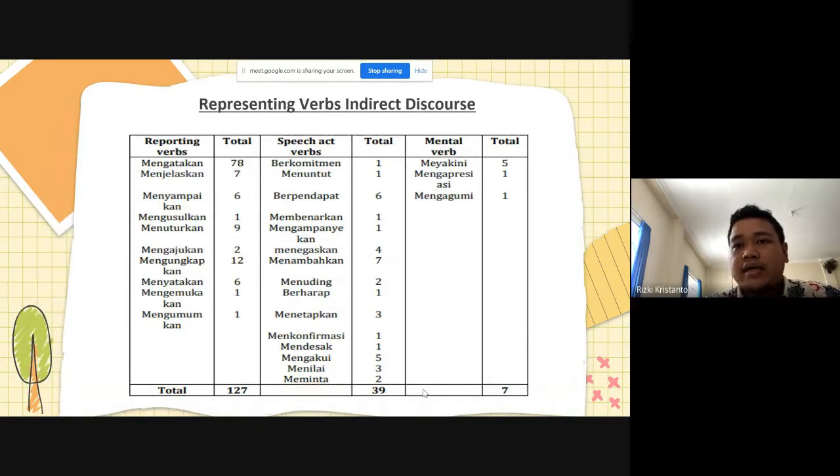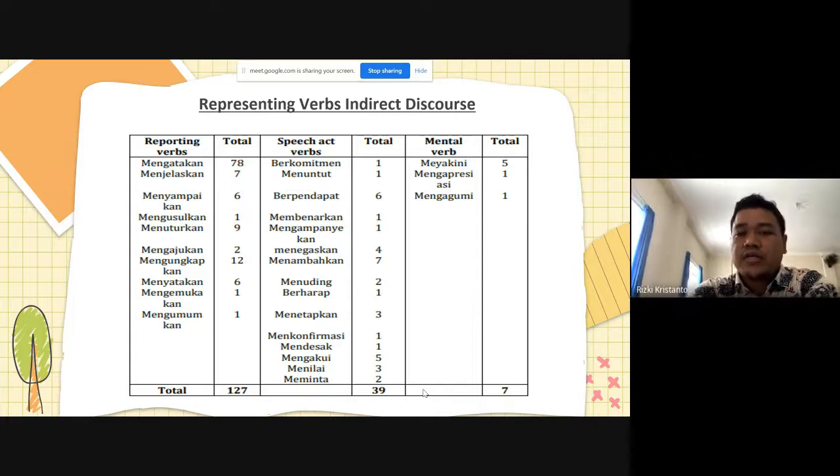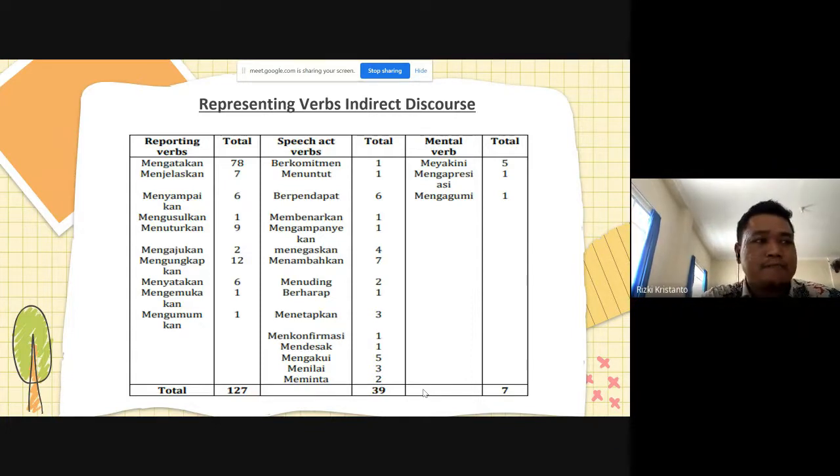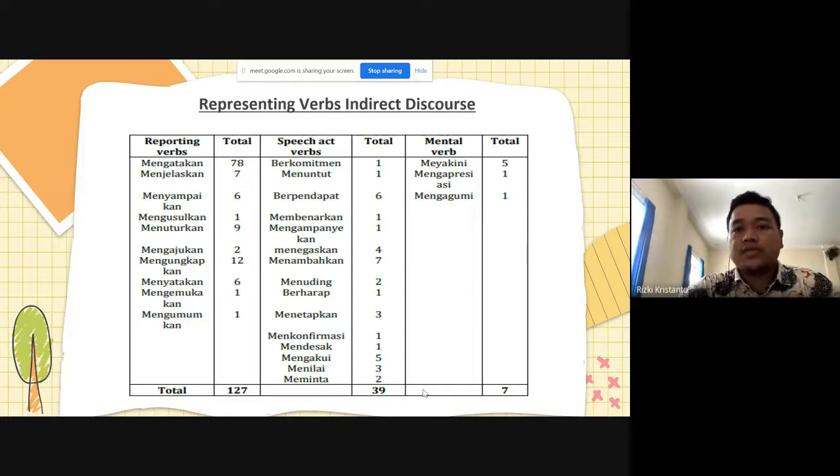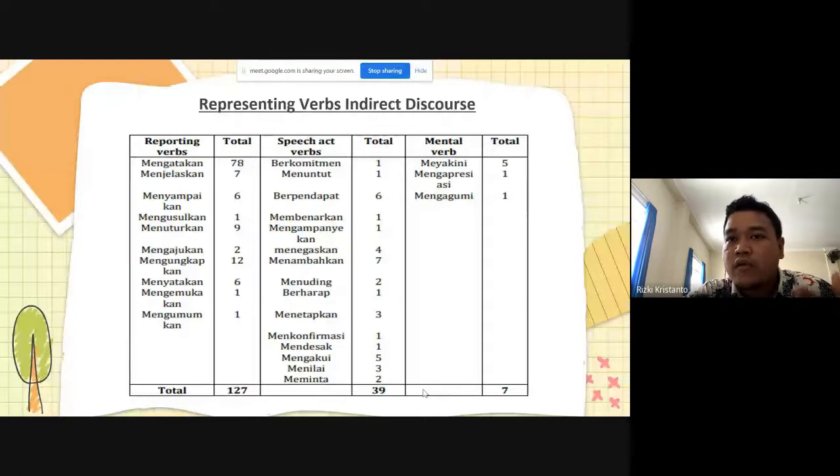Representing verbs in indirect discourse. This table shows what the researcher did in his research, and this is the result of what he has done, as shown in the table. First one is reporting verbs: mengatakan, menjelaskan, menyampaikan, mengusulkan, menuturkan, and so on. You can read by yourself, and then there is also the total of the words in the article that he has observed, and then speech act verbs as well, with their total, and the mental verbs and their total.